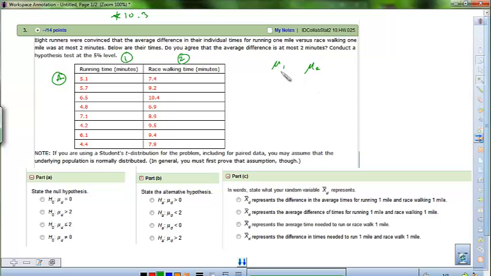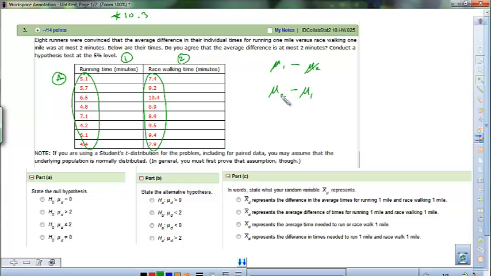So the idea is that we would just subtract these two things and compare it to something else. But notice that all these values over here are larger than these values over here. So instead of doing this subtraction over here, let's call it subtraction of mu sub 2 minus mu sub 1.